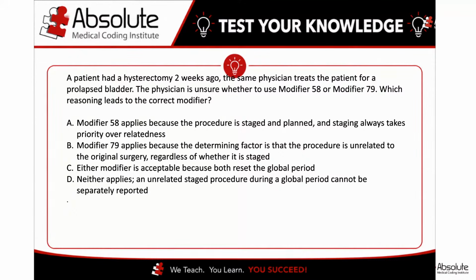B, modifier 79, because the determining factor is that the procedure is unrelated to the original surgery, regardless of whether it's staged? C, either modifier is acceptable because both reset the global period? Or D, neither applies. An unrelated staged procedure during a global period cannot be separately reported?